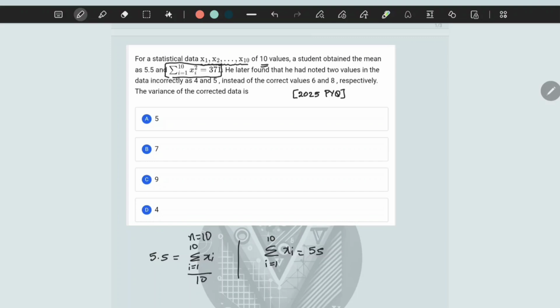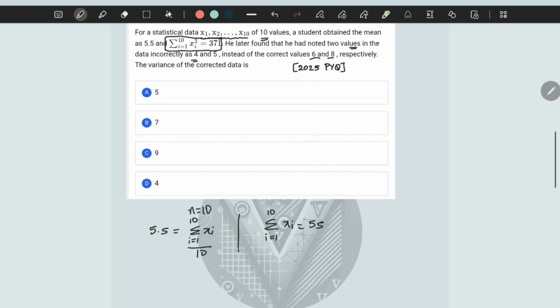Now this is also given, that sigma i equals 1 to 10 xi square is equal to 371. He later found that he had noted two values in the data incorrectly as 4 and 5, instead of the correct values 6 and 8. That means sigma i equals 1 to 8 xi plus x9 plus x10 is equal to 55.